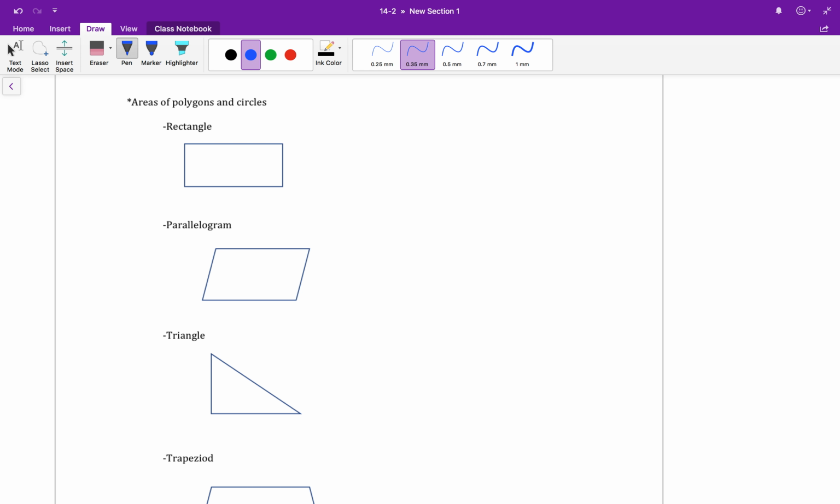So first we have our rectangle, and we know the area of a rectangle is length times width. So we say that the area is the length times the width. The reason that it is that, though, is we actually break this up into units, our square units. So I can imagine breaking this up.